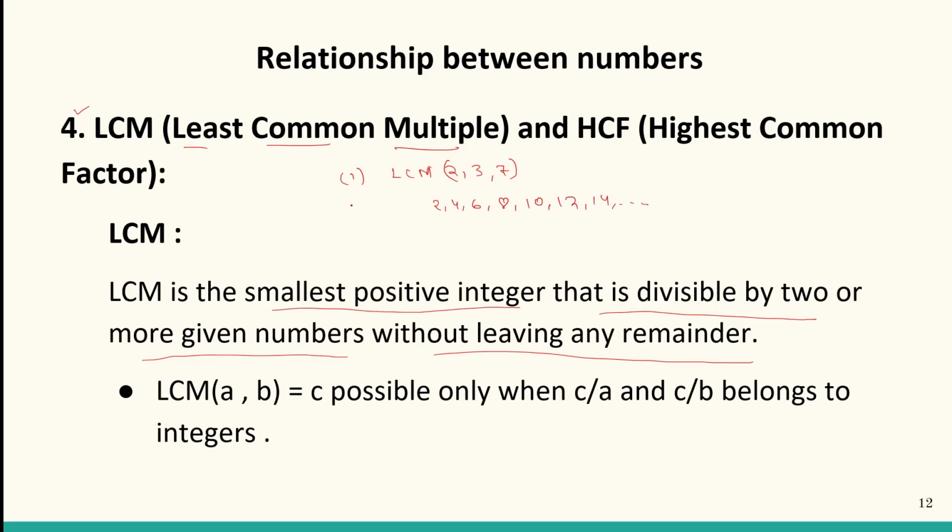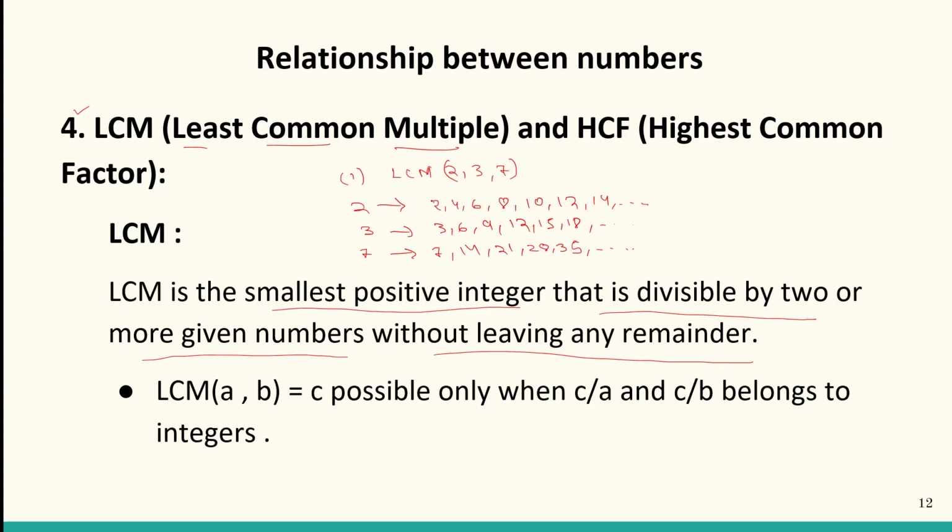For 3, it is 3, 6, 9, 12, 15, 18, and so on. For 7, what we have is 7, 14, 21, 28, then 35, and so on. Now since we have got the multiple series, we need to find the commons between these three series.